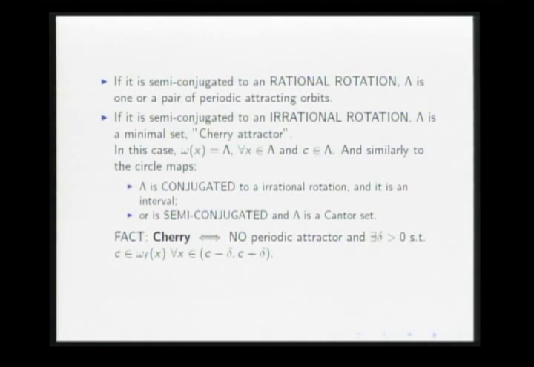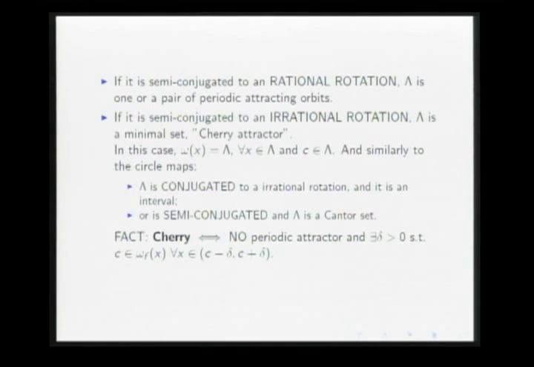In this case, it can be conjugated to a rational rotation. When it happens is when that gap disappears, contracts to a point. Okay? In the other case, when it's semi-conjugated but not conjugated, that gap does exist. It's non-trivial, and indeed it's like it is a wandering interval inside your dynamics.